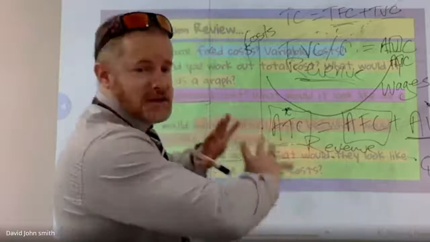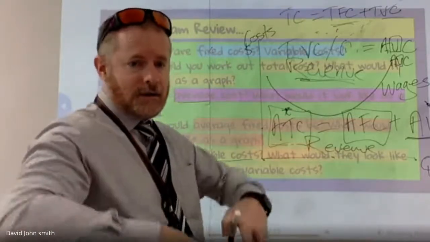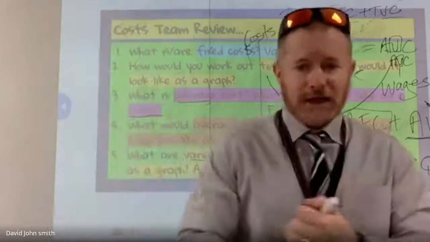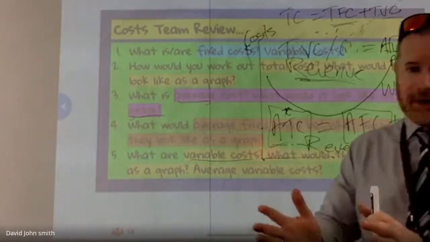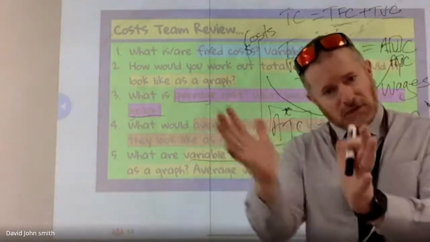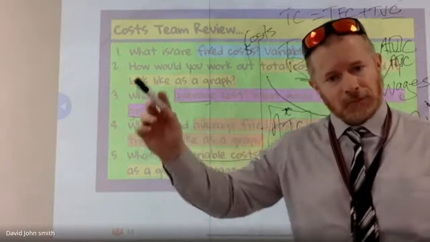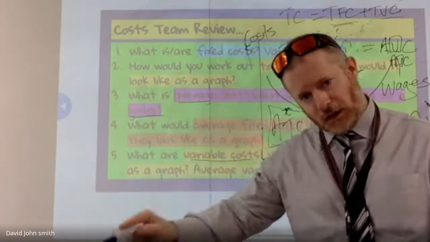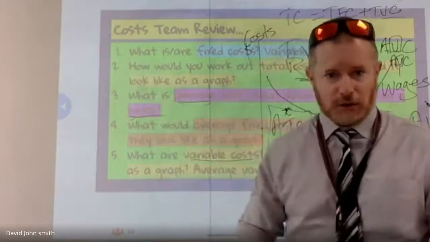Now, a lot of this is beyond what you need at this point. The point being is that the equations relate to each other, and the curves relate to each other as well, and when you illustrate them, average fixed cost declining, average cost U-shaped curve, average variable cost U-shaped curve.